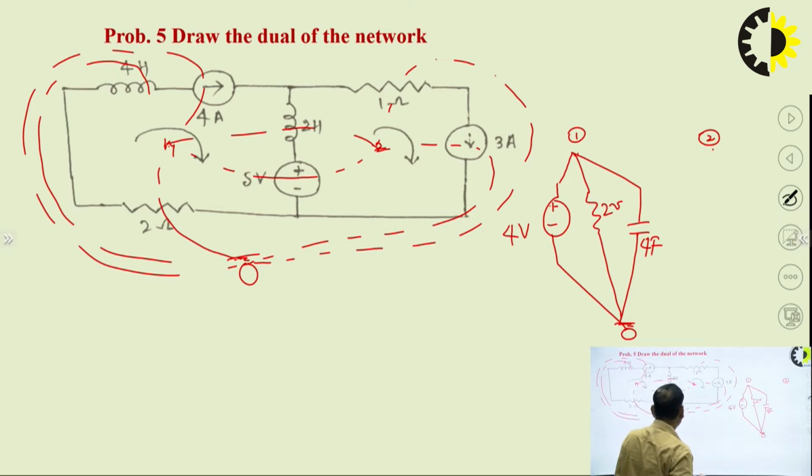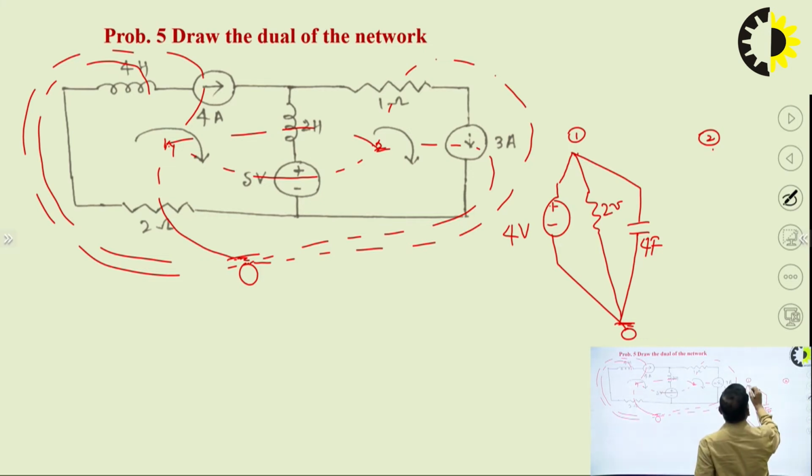This 2 Henry and 5 volt voltage source are connected in series. So if we remember the procedure, in the dual network these 2 elements, 2 farad and 5 ampere current source, will be in parallel and will be between node 1 and 2. This much we have studied from the graphical procedure.